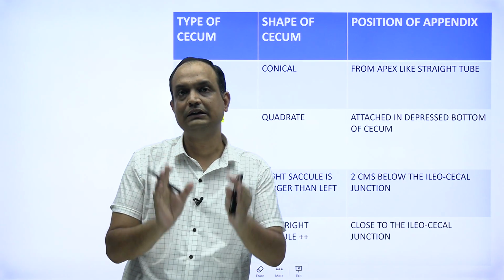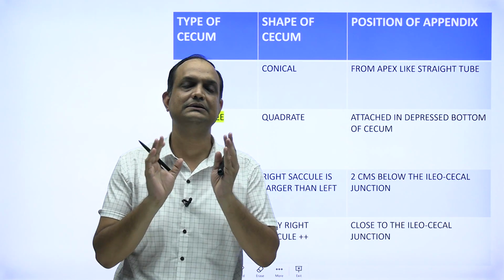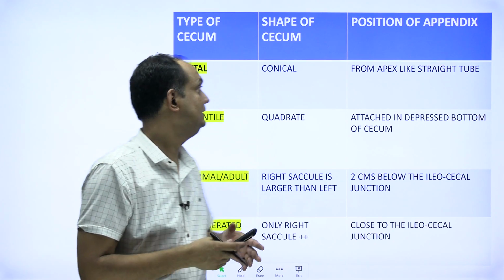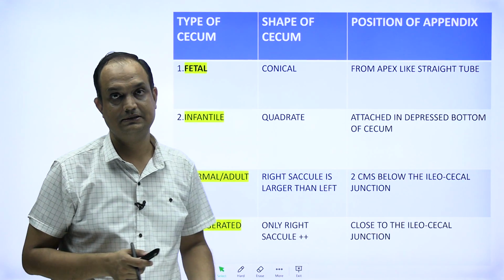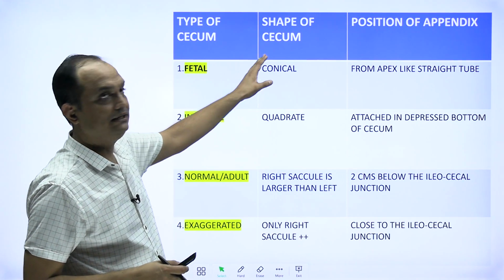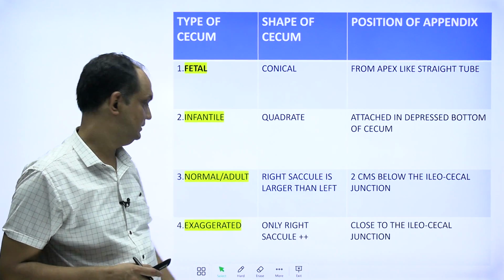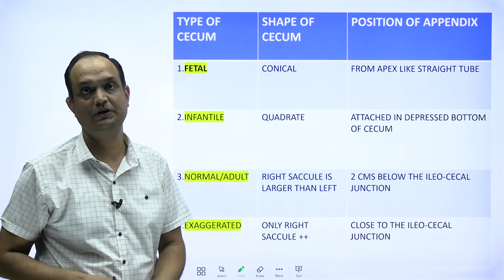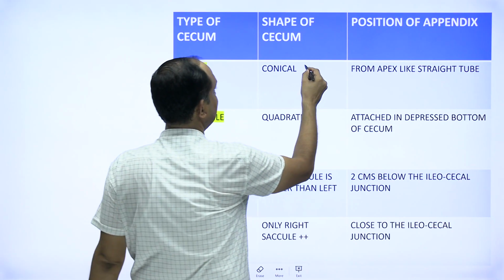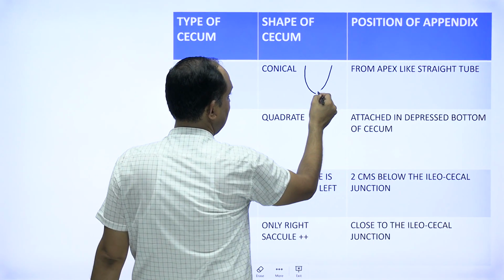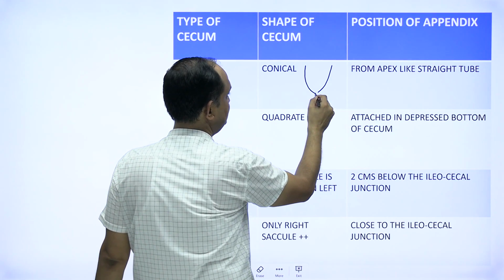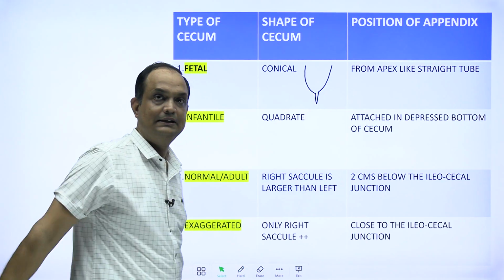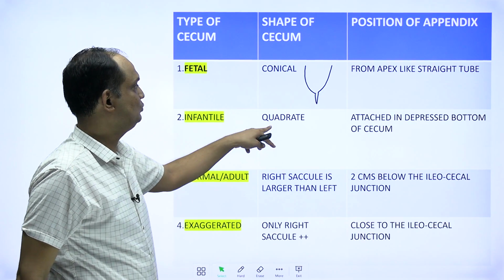Now the shape and the site of the appendix is going to decide which type of cecum it is. If you concentrate on the cecum, there are four different ways of cecum formation. First, the cecum is conical and the appendix is a straight tube. Second, the cecum is quadrate.